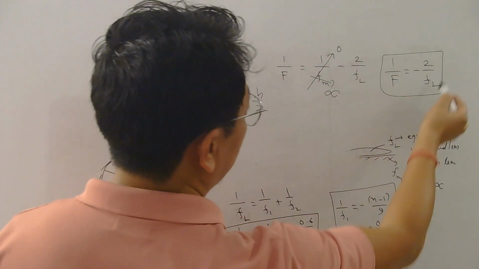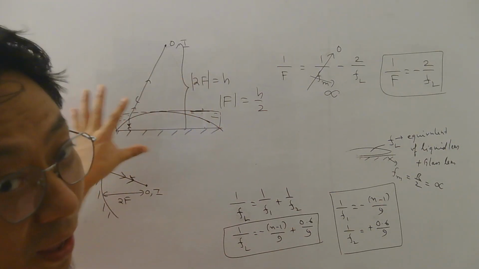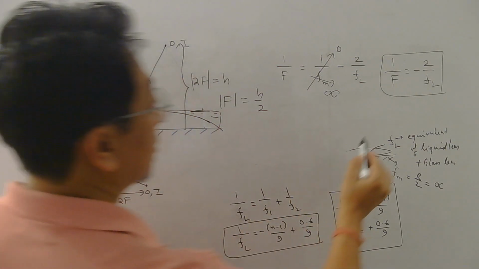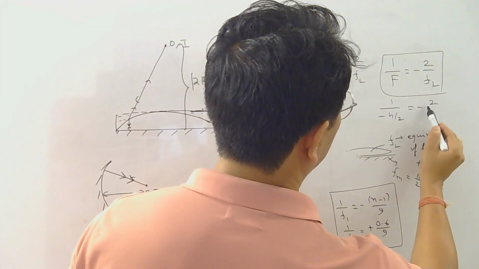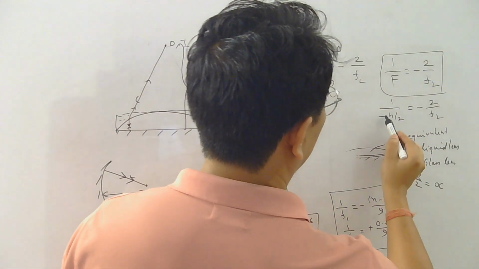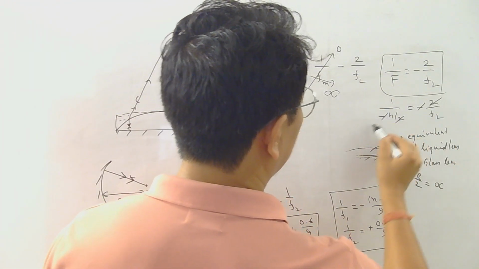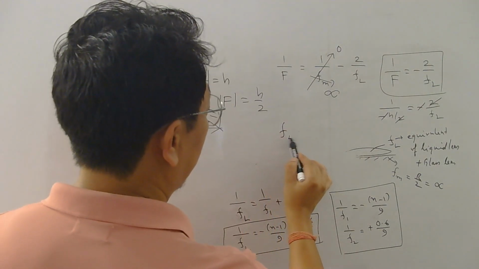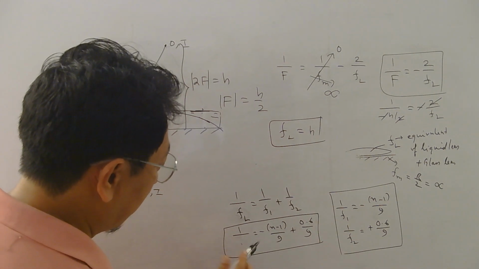Now while substituting this f here, we have to put which sign? We know that this system is acting like a concave mirror. So f will be minus h by 2, equal to minus 2 by FL. So this 2 will go up, and that 2 and this 2 will cancel, minus and minus will cancel. So FL will be h.